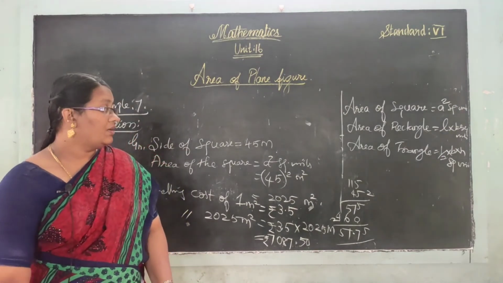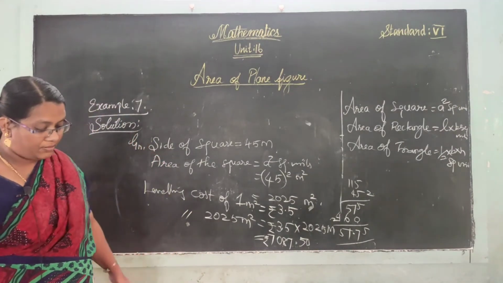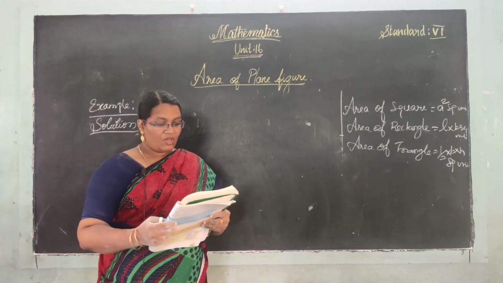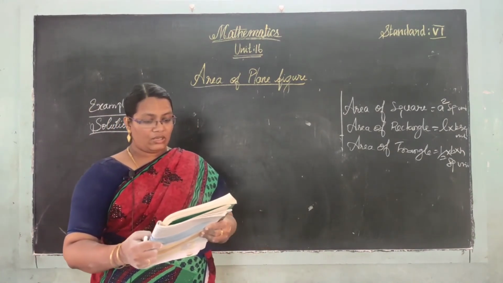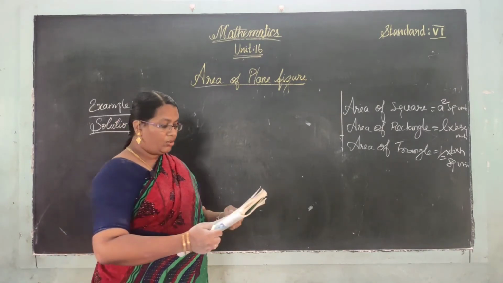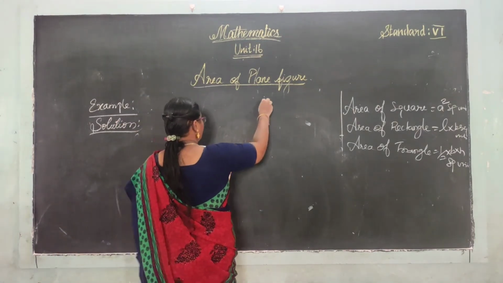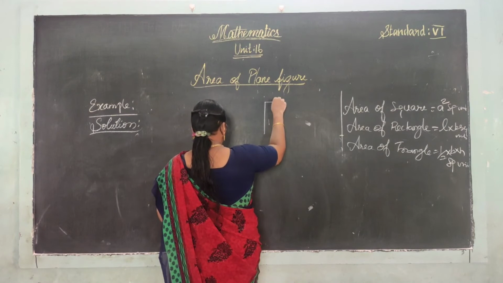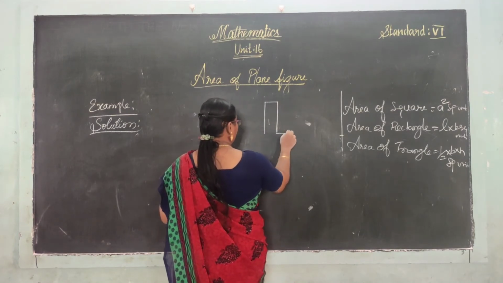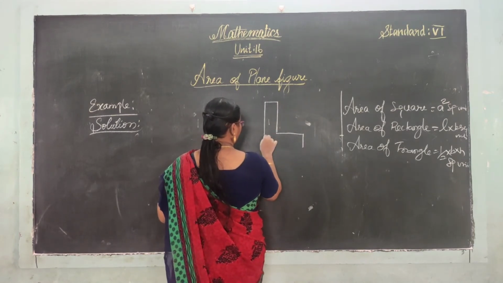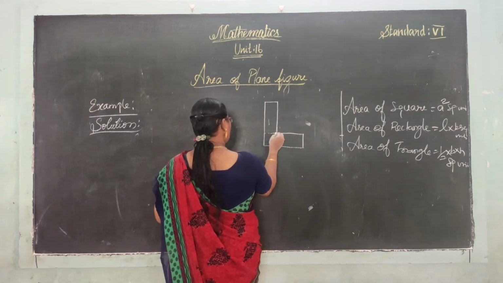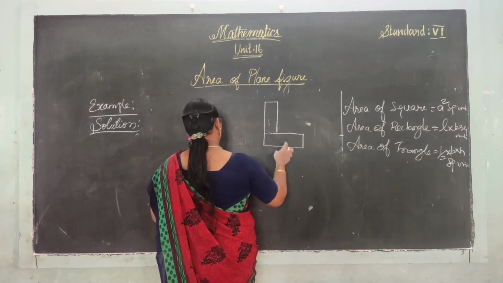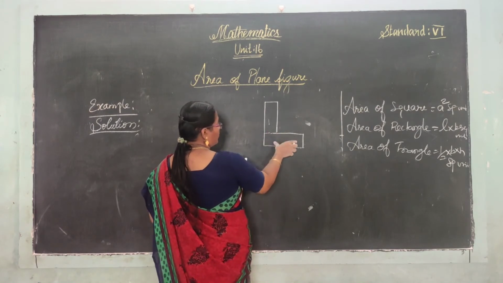Now see the next one, example 8. Find the area of the given figure. So here one figure is given. Okay, it has two rectangles. Okay, here I have drawn the dotted line for finding the area of this one.